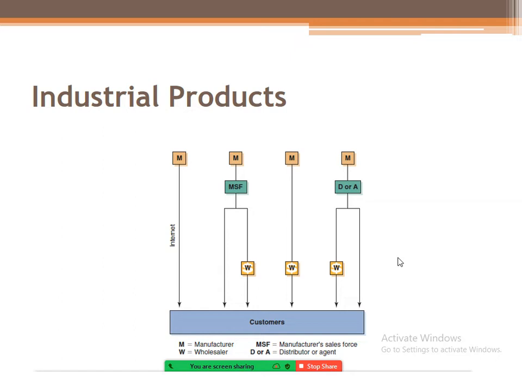We can take one example of Italy's Saeco, which distributes its products through both business-to-consumer and business-to-business channels. Marketing managers responsible for domestic appliances arrange for the retail distribution for consumer purchase.